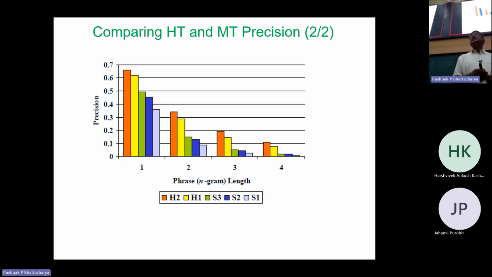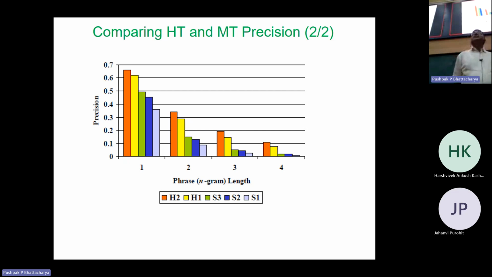Okay. Why so? Can this be explained? So one unigram mismatch gives rise to 2 bigram mismatches. One before, one later. Okay.